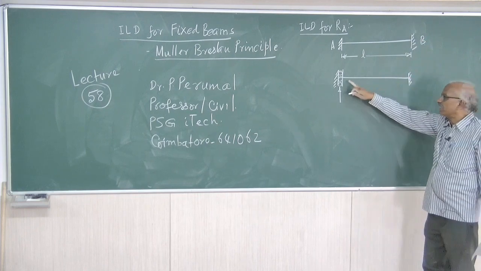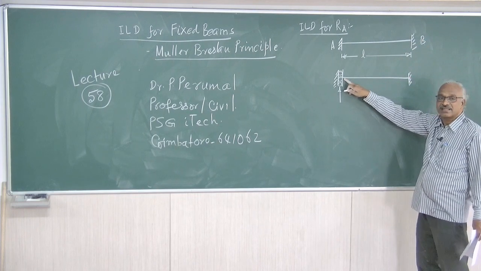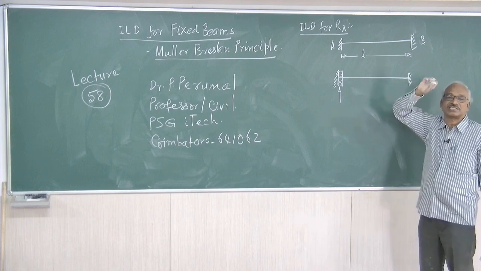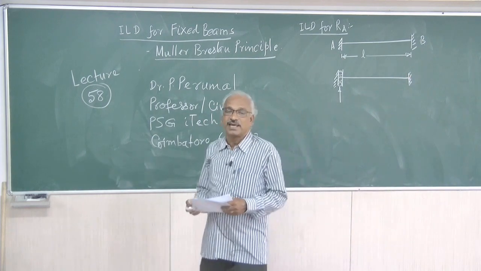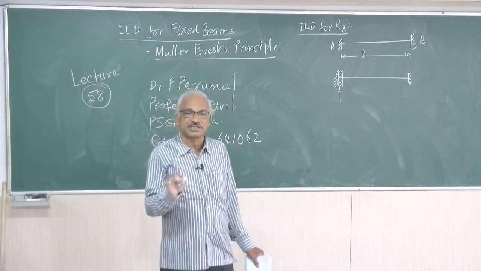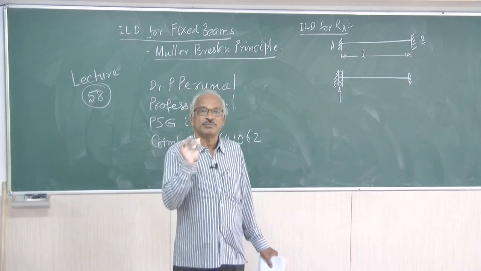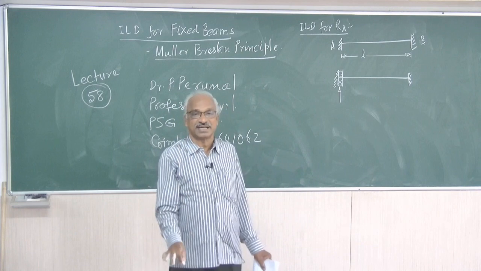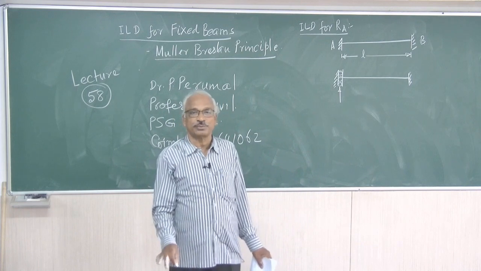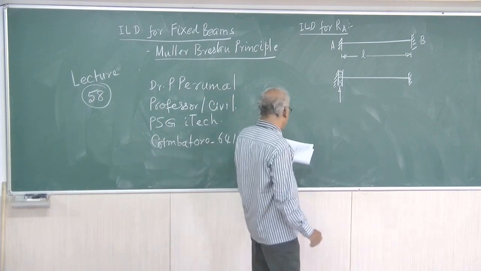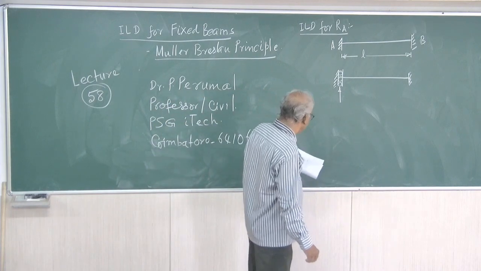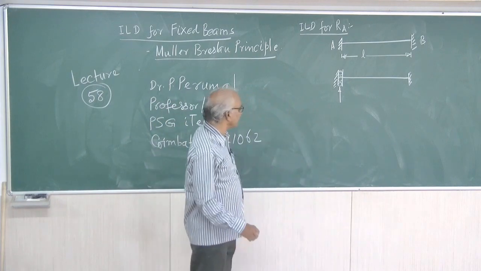Therefore, when you provide a plate here, the moment carrying capacity will not be destroyed, because you want ILD for RA, only the reaction carrying capacity is to be removed and the moment carrying capacity is to be retained. Zero slope will have to be retained. That is the problem. So we just place it between two vertical plates.